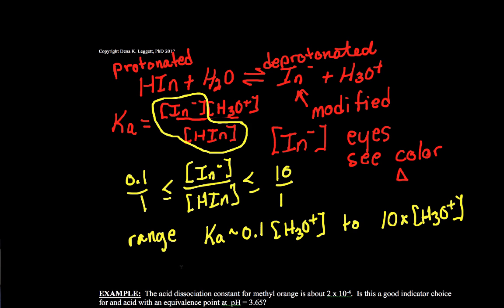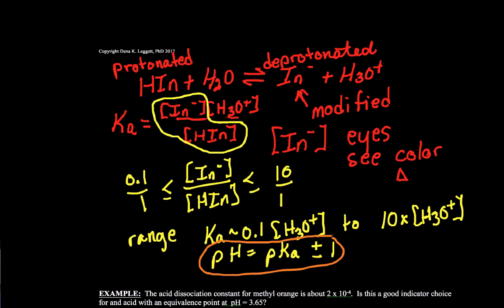Now we tend to like to look at pH, so if we wanted to compare this to pH, we have pH equals the pKa plus or minus 1. pKa is minus the log of our Ka. So that's our take home here. That gives us the range of when we would be able to use an indicator. You want the pH of the equivalence point very close to pKa.